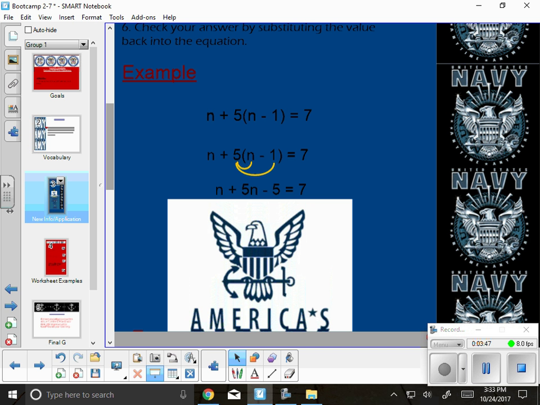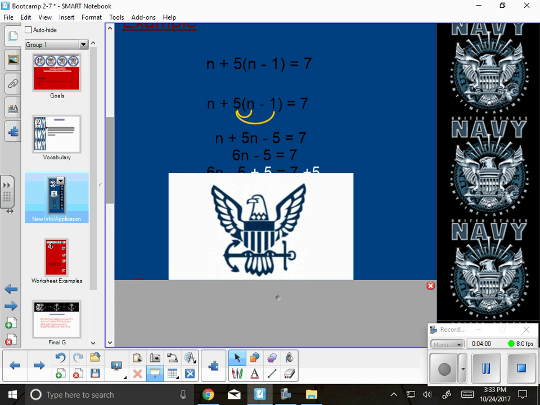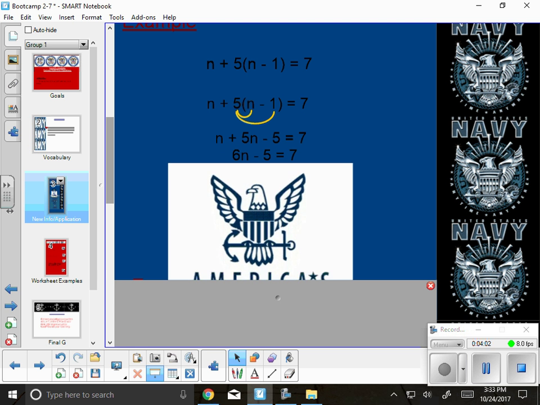When we do that, we're going to end up with n plus 5n minus 5 equals 7. If we're following our procedure properly, we are going to combine like terms. So when we do that, we're going to get 6n minus 5 equals 7.